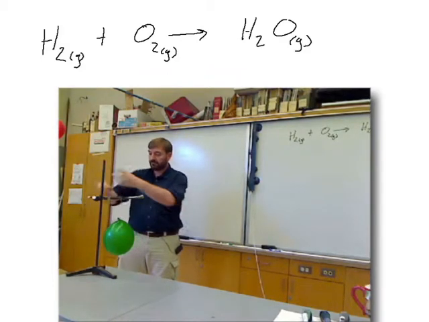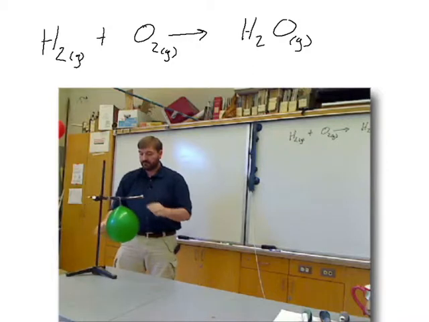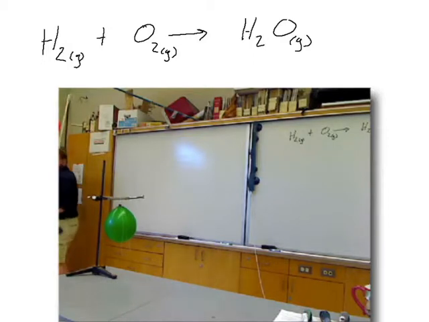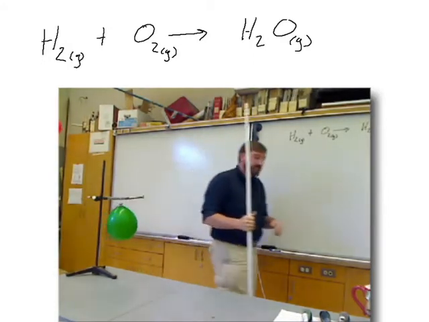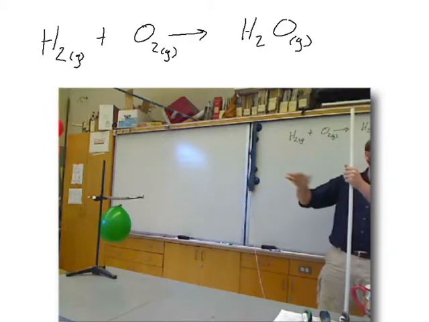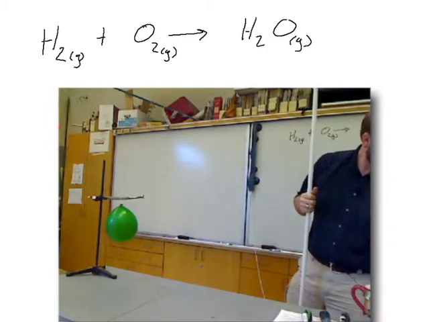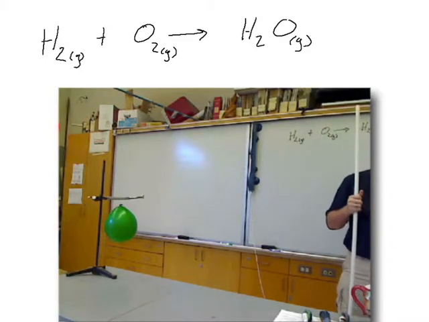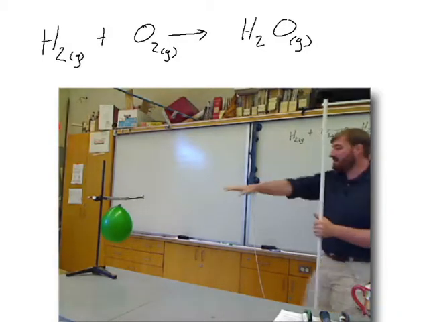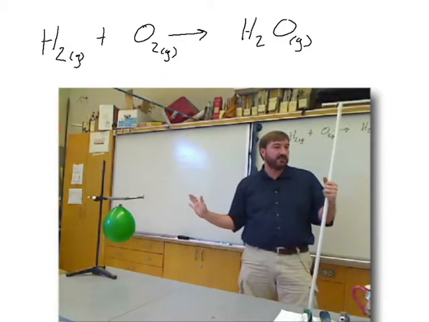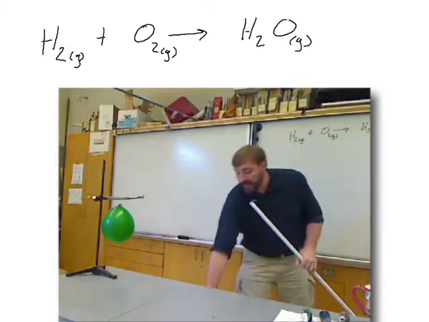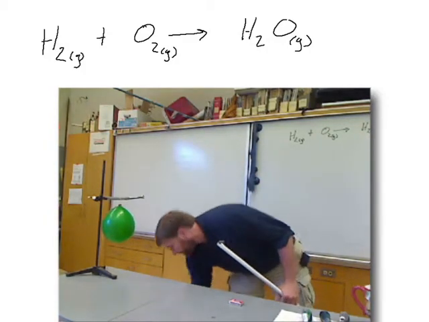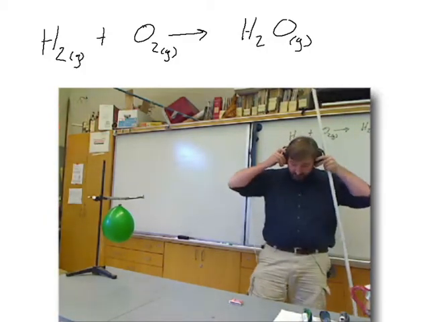But in this case, when I started with 5 ethanols and 12 oxygens, I have an ethanol left over. This ethanol does not react. It is not used up. We call it the reactant in excess. The oxygen was the limiting reactant. It was the one we ran out of first. Even though we had different numbers, because it was a 1-to-3 ratio, if I had 5 ethanols, I would have needed 15 oxygens to completely use them up.